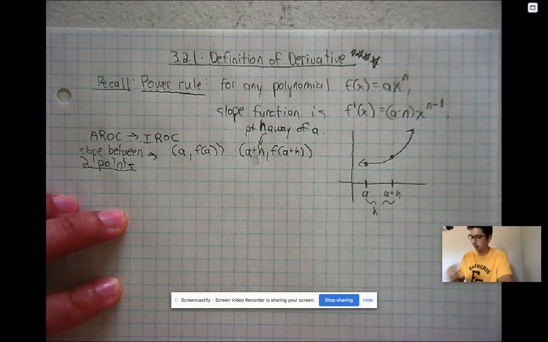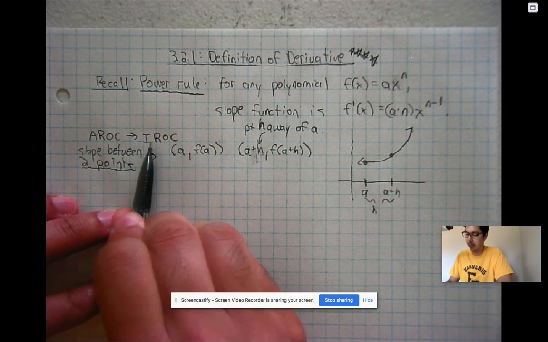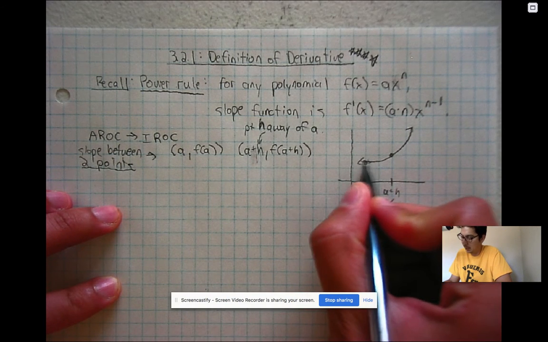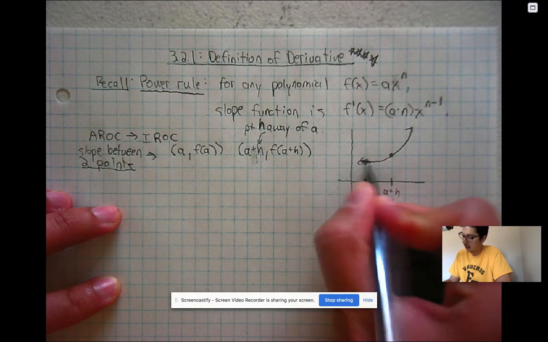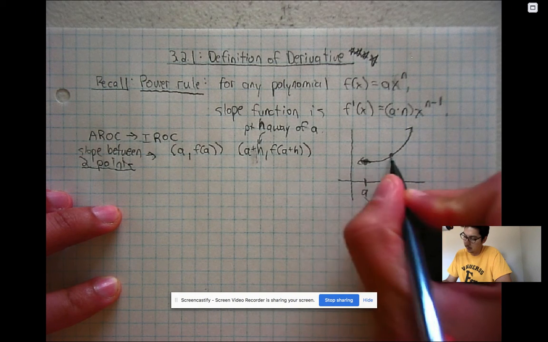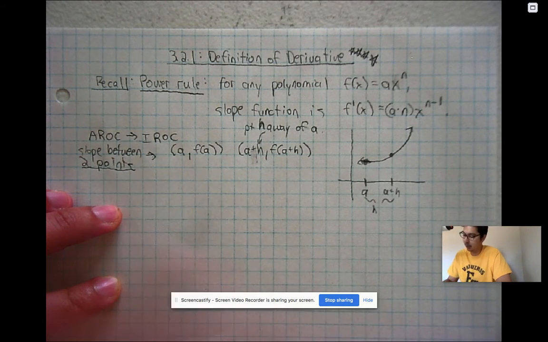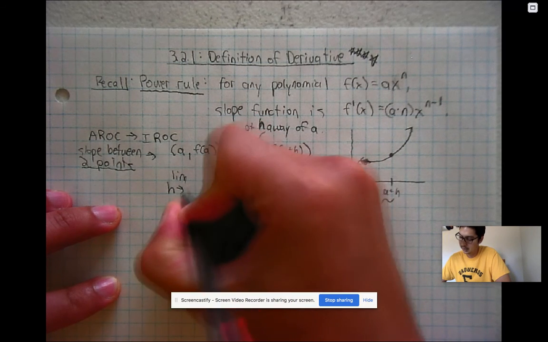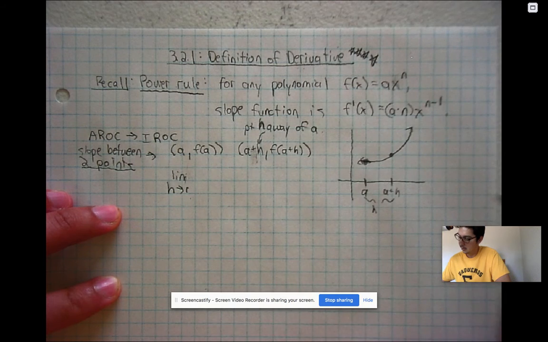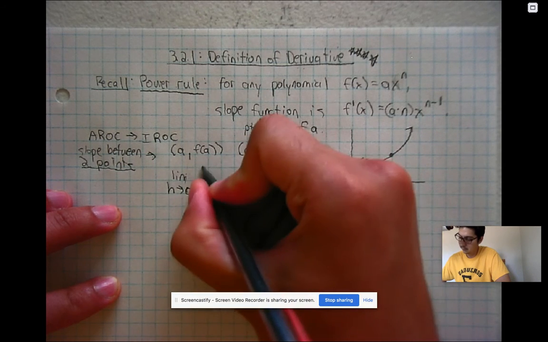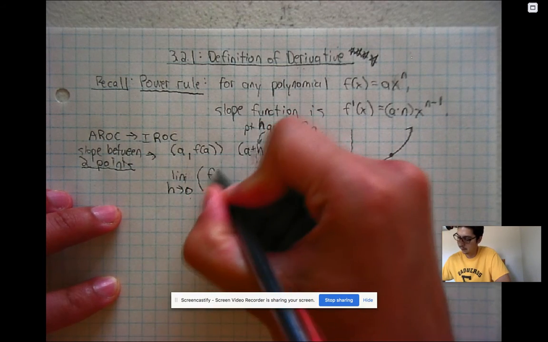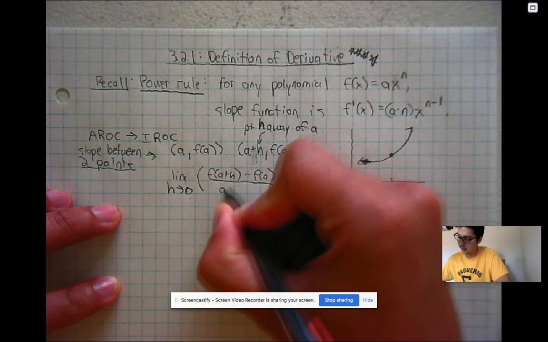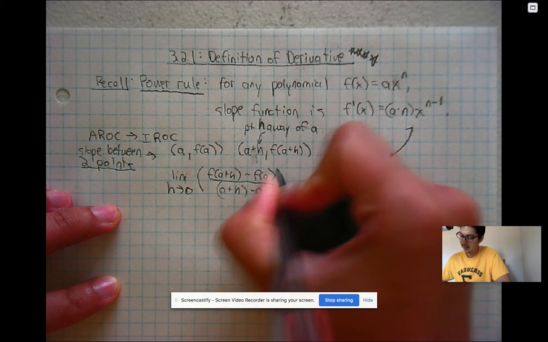And if you want to find the instant rate of change at A, what's the velocity, what's the rate of change at exactly that moment A, what's the slope at A? Well, what you're going to do with the slope between these 2 points is minimize that slope down to 0. So what it becomes is the limit as h approaches 0 of the slope between these 2 points, which is f of a plus h minus f of a over a plus h minus a.